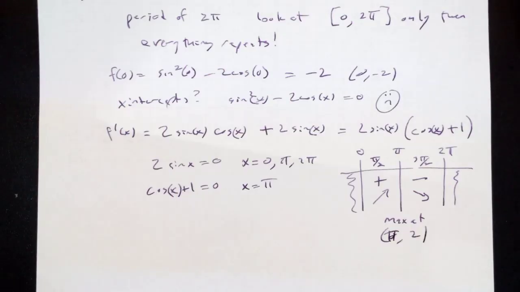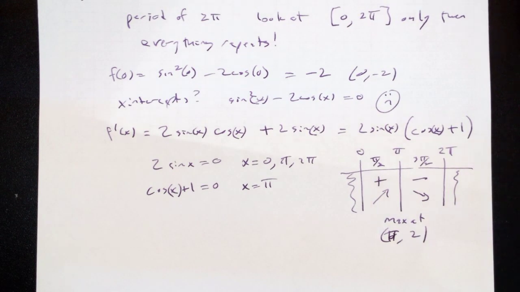Now here's an interesting observation. This repeats itself, right? So what happens at 2 pi? We're going down, it's going back up. And at 0, because we'll take a copy of this and move it over to the left, it'll be going down and going back up.